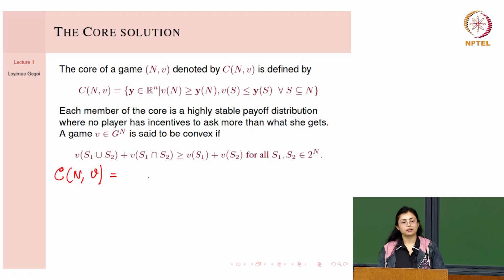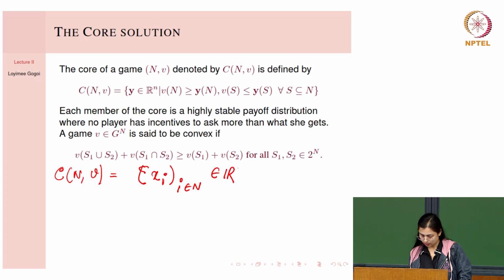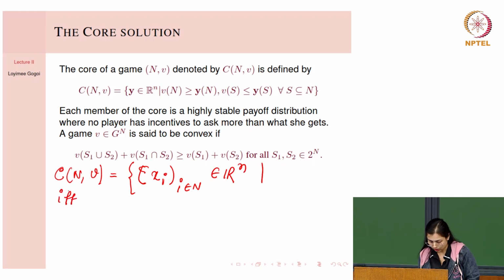It is an allocation rule. We have some tuples that satisfy two conditions. The first condition is what we call efficiency.